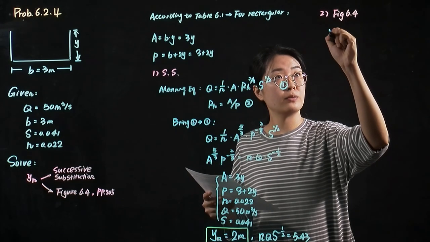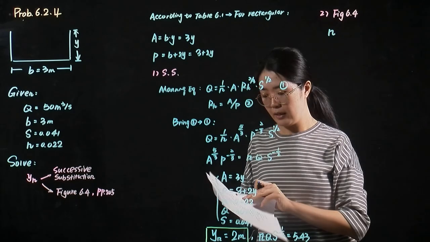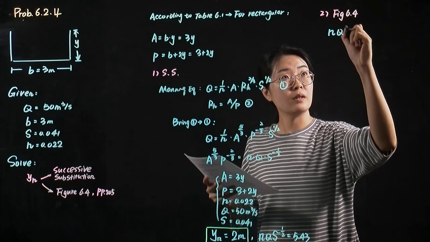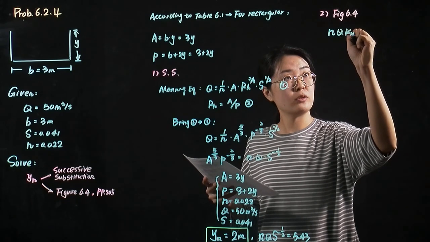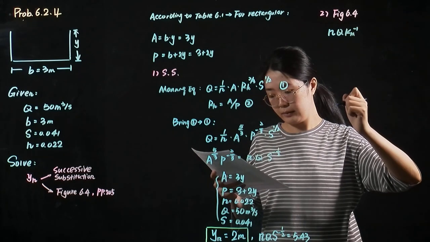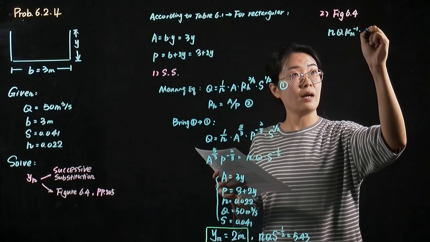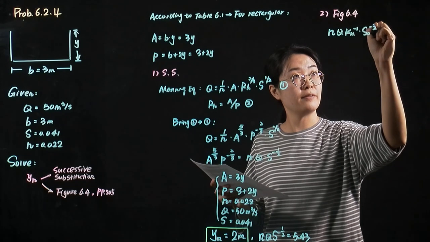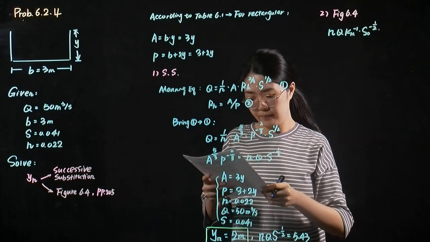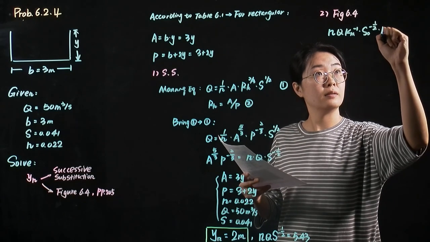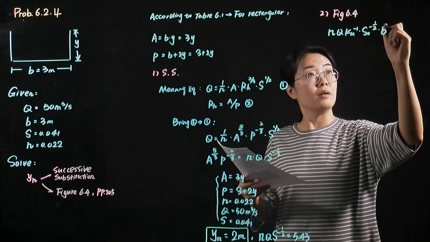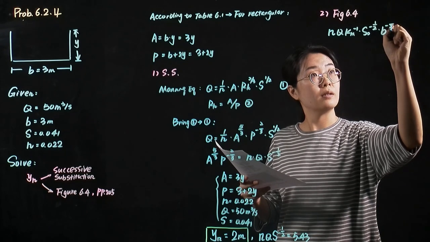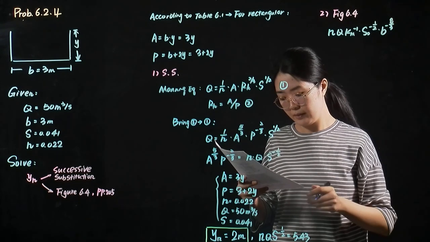It equals n times Q times k sub n to the power of minus 1 times the slope to the power of minus 0.5 times the bottom length to the power of minus 8/3.